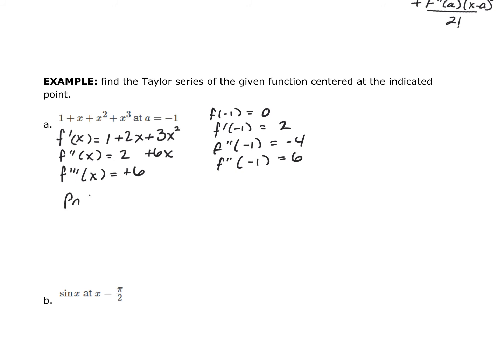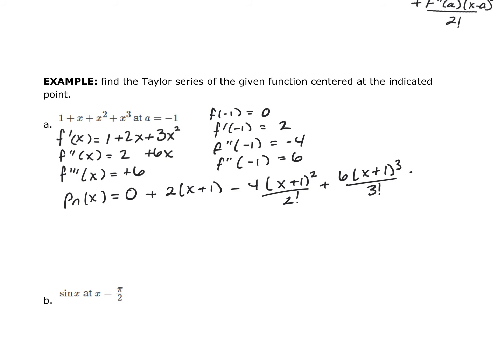So my p sub n of x is going to be equal to my f of a, which is 0, plus my f prime of a, which is 2, times x minus a, which becomes x plus 1, and then minus 4 times x plus 1 squared over 2 factorial, plus 6 times x plus 1 cubed over 3 factorial, and so on.